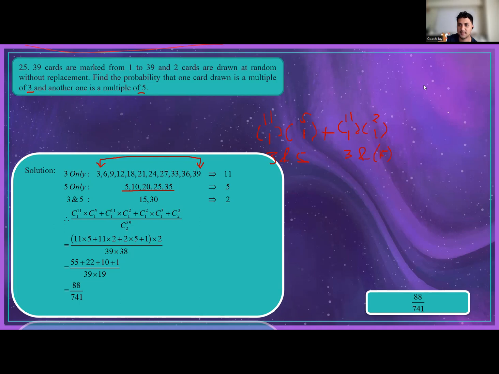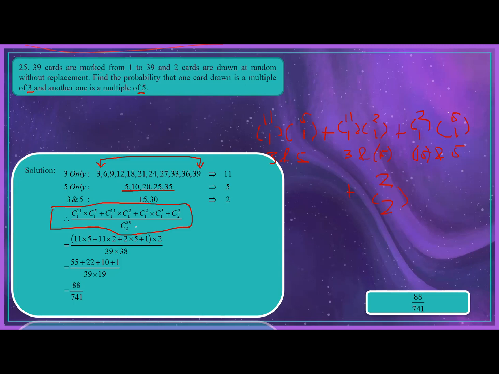Next, plus 2 choose 1 and 5 choose 1, this is for 15 and 5. Plus the term when you get both multiples of 15, so 2 choose 2. In total, this is the equivalent for that.